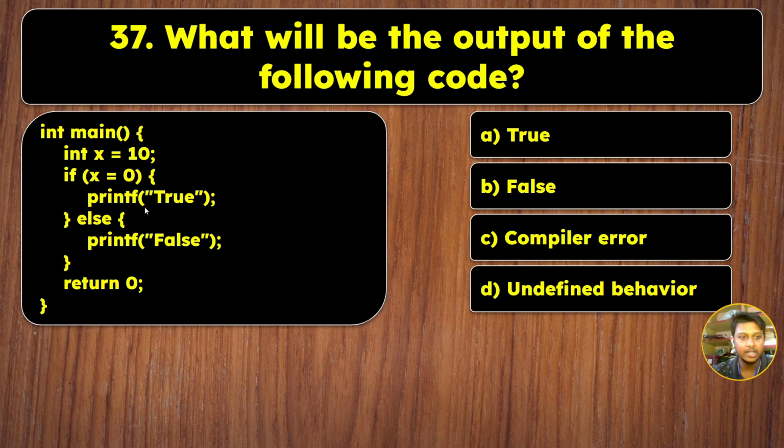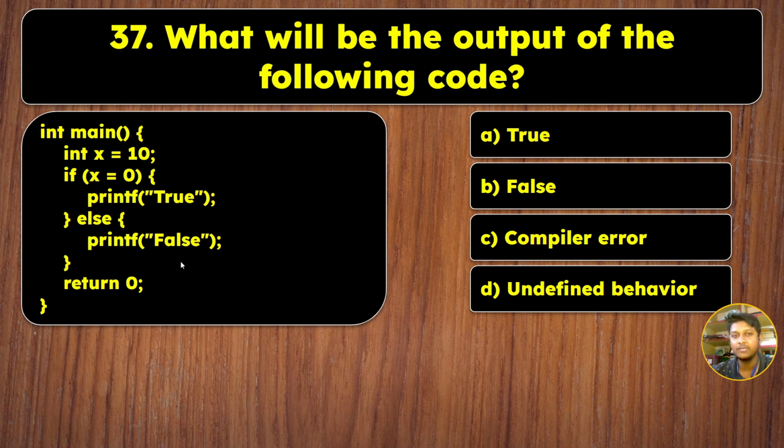Let's solve it. At this moment, x is equal to 10. Now inside this if statement, we are assigning 0 to x. So now the value of x will become 0. 0 means false and 1 means true. So this statement will become false. If it is false, then this block will not get executed and it will shift to the other statement, and this false will get printed.